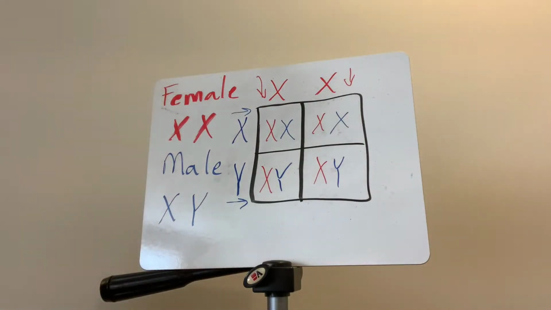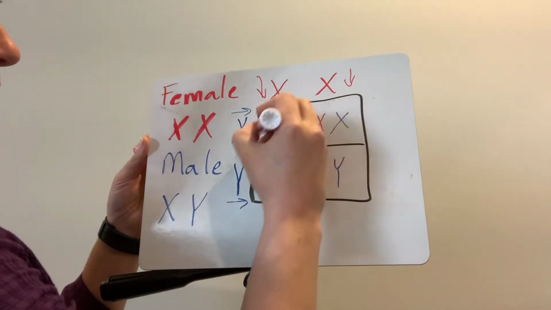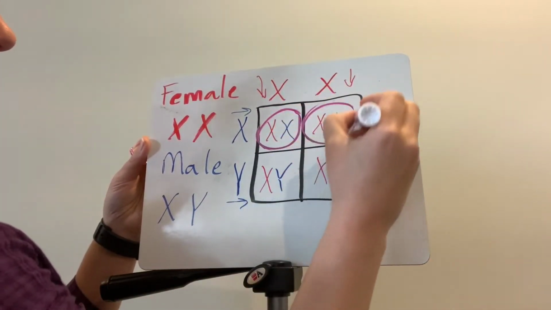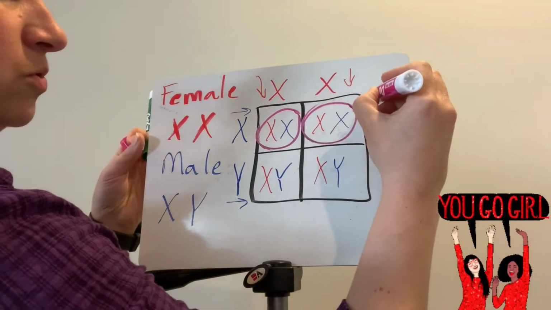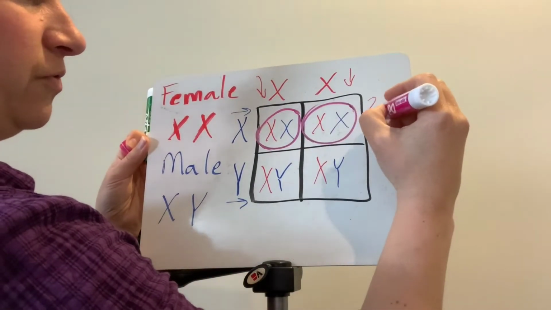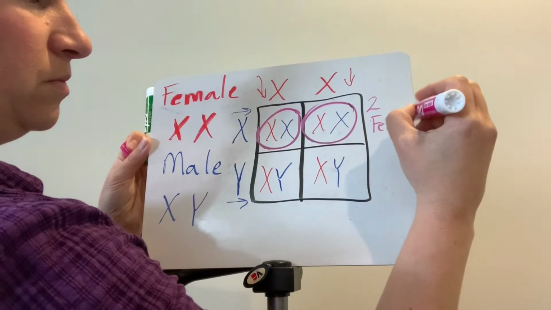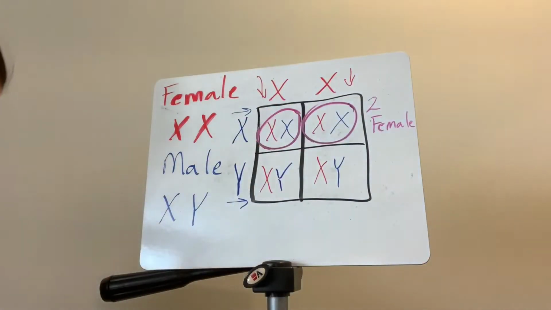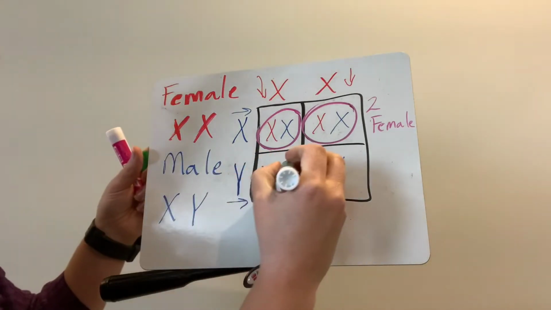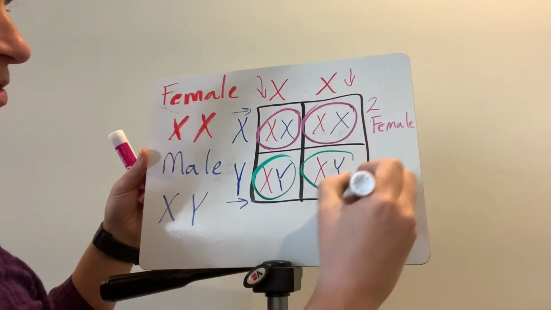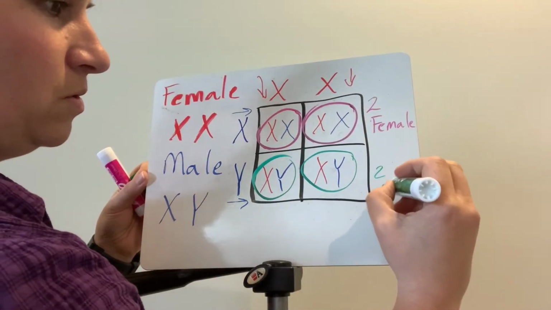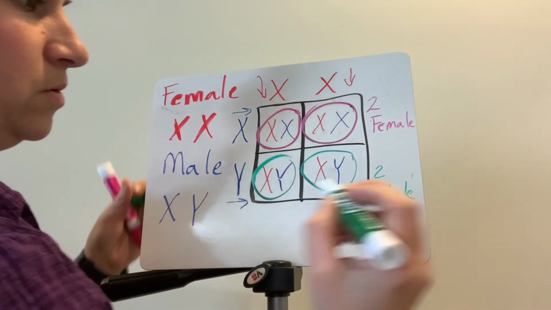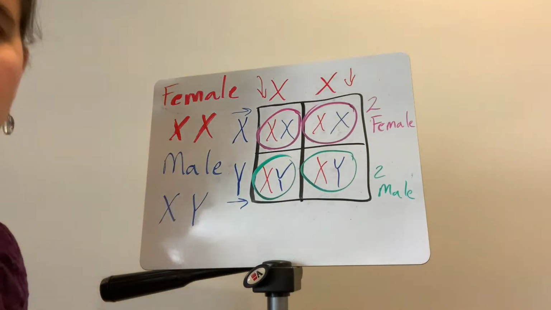we have two of our four boxes have the two X's in them, which is female. So two boxes are female. And two of our boxes, this box here and this box here, are male. Okay, so it's 2 and 2.